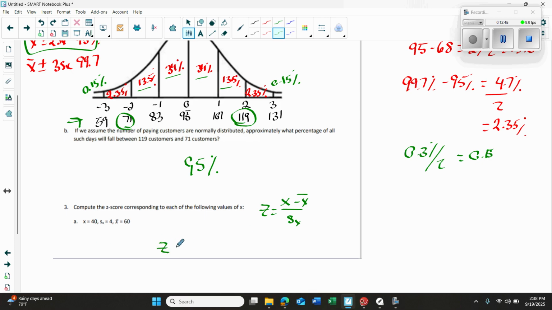So we're going to go z equals 40 minus the mean 60 divided by the standard deviation of 4, which would equal -20 divided by 4, which would be a z-score of -5, which is, as we'll soon learn in probability, that's a pretty nuts z-score. It's -5 standard deviations below the mean, below x bar. All right, so just make sure you know how to use the z-score formula.